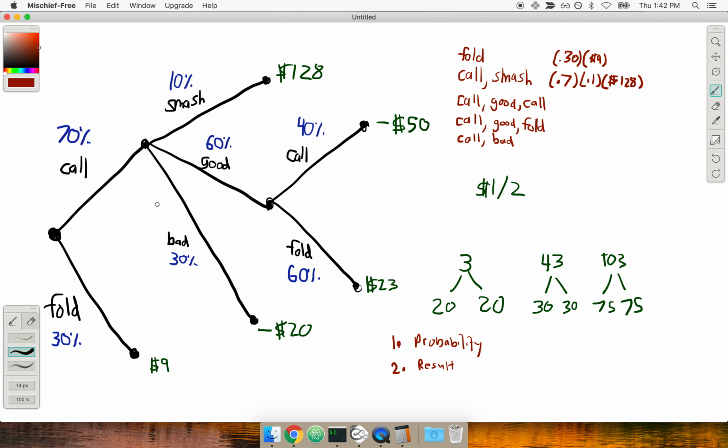Okay, so now we're going to do the same thing. So what's the probability that we get called, we hit a good flop, and then we get called again? To get that probability, we multiply all 3 of these numbers. So we're going to multiply 0.7 times 0.6 times 0.4. So that's the probability. And now we're going to multiply by the result of negative 50.